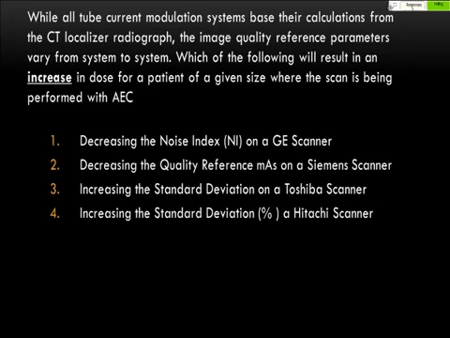Which is going to increase the dose? If you decrease the noise index on a GE scanner, if you decrease the quality reference MAS on a Siemens scanner, if you increase the standard deviation on a Toshiba scanner, or if you increase the standard deviation or percentage on a Hitachi scanner. There's their image quality parameters. Ready? Go.